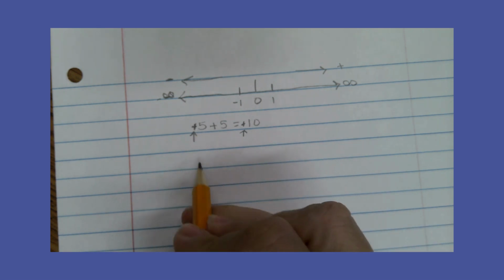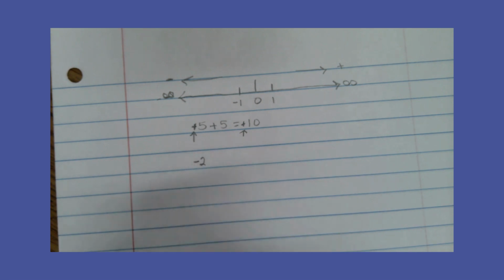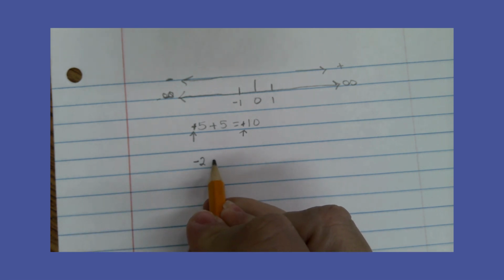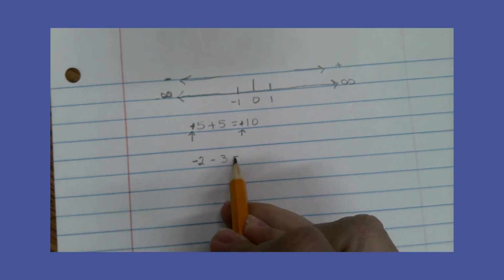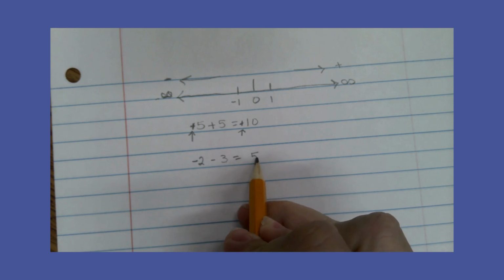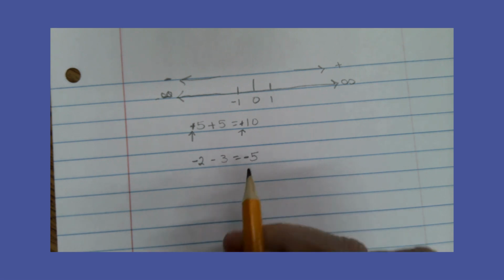So let's say you borrowed $2 from your friend. So I'm going to write that as negative 2. And then you had to borrow $3 more from another friend, which is a negative 3. Well, together you owe them $5, right?